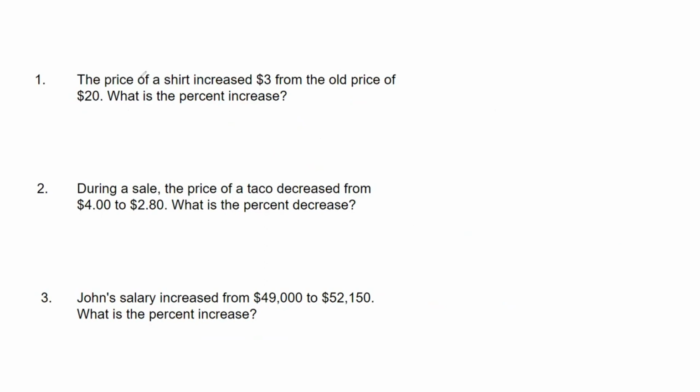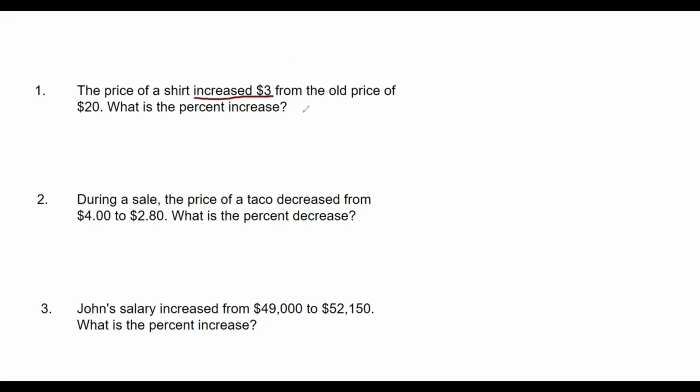First example: the price of a shirt increased $3 from the old price of $20. What is the percent increase? So here we are told that it increased by $3. We know the amount of increase. We could label that, abbreviating, the amount of increase is right here, and it's equal to 3.